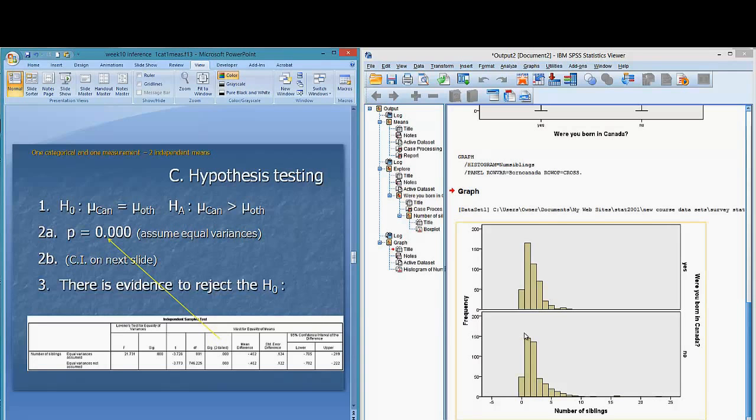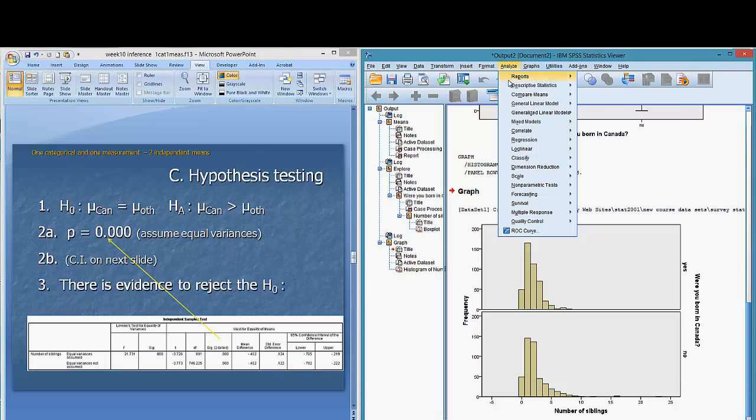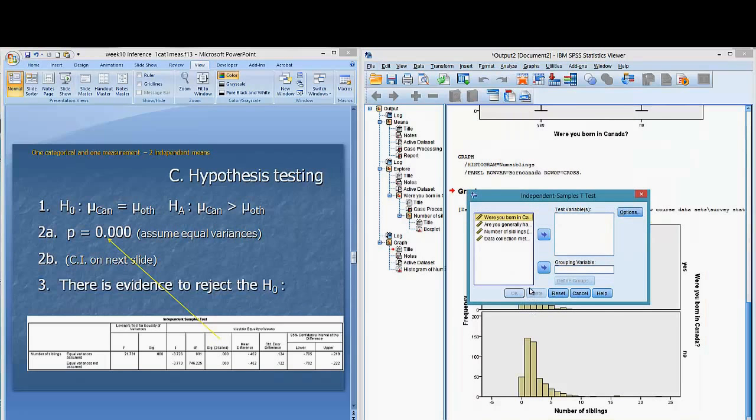And hypothesis testing. We're going to look at compare means and the independent samples t-test. Independent samples basically means that the two groups, Canadian-born versus non-Canadian-born, are not related in some way.